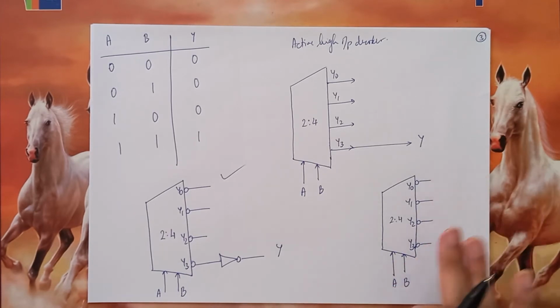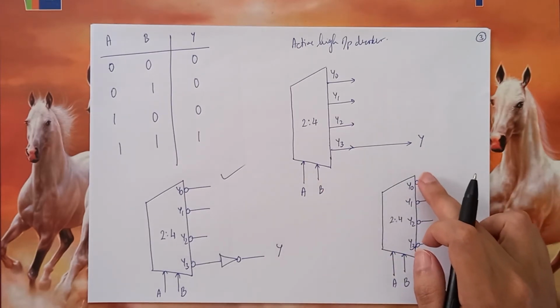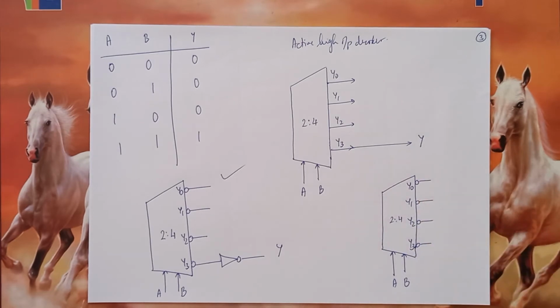Now let us say I don't care about Y3 now. My interest lies in Y0, Y1 and Y2.